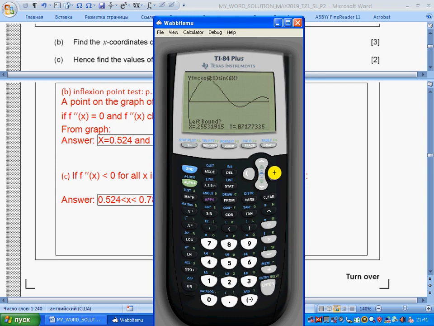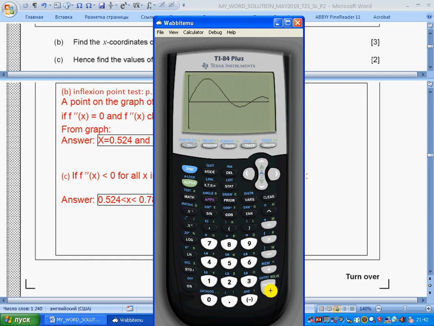First 0. So we go to the left boundary of the first 0. Enter. We marked the left boundary. Now we go to the right of the 0 and mark the right boundary.